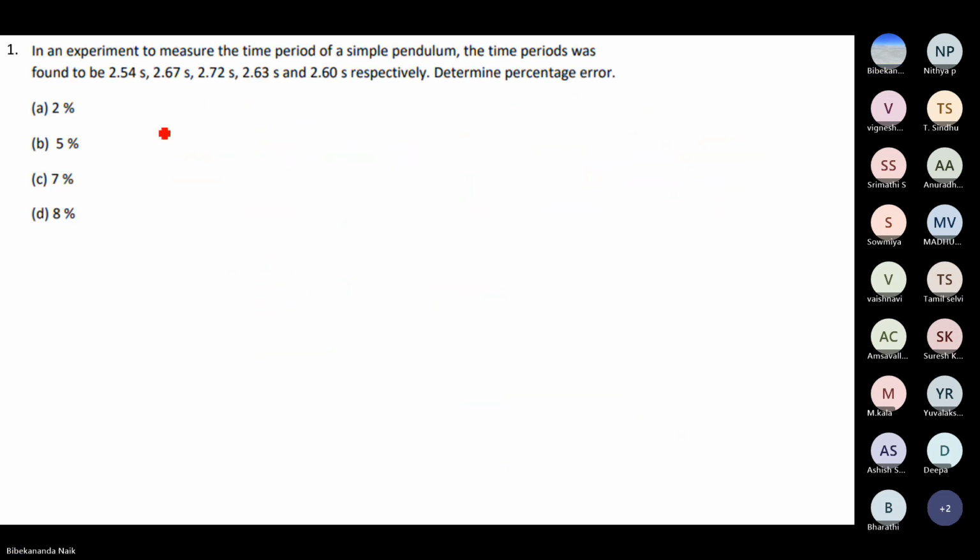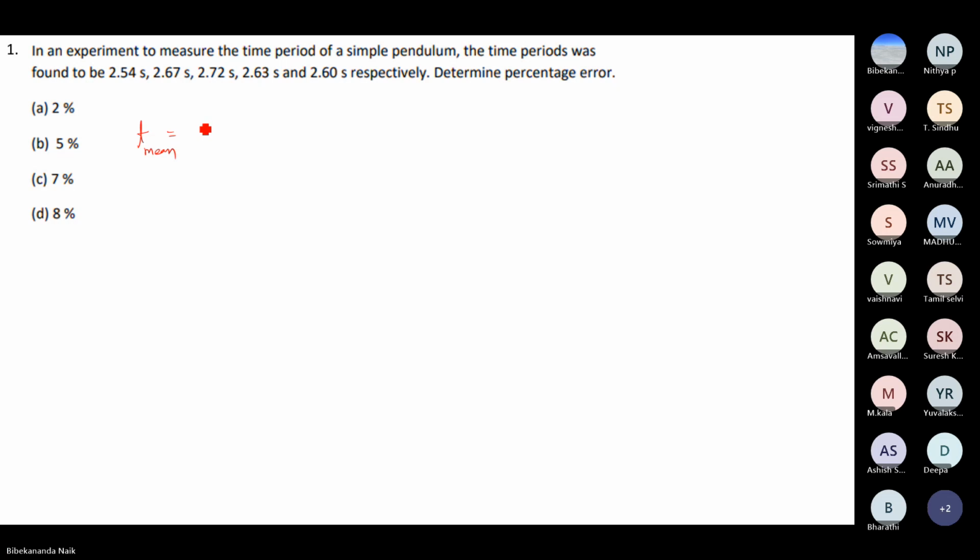So if you calculate the mean of these readings, suppose this is the time, so T mean will be how much?